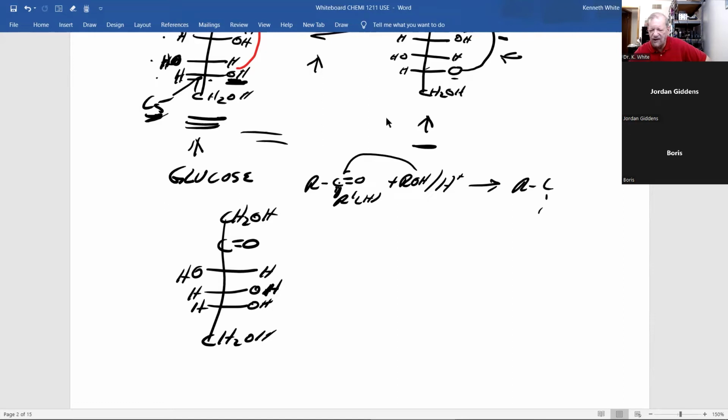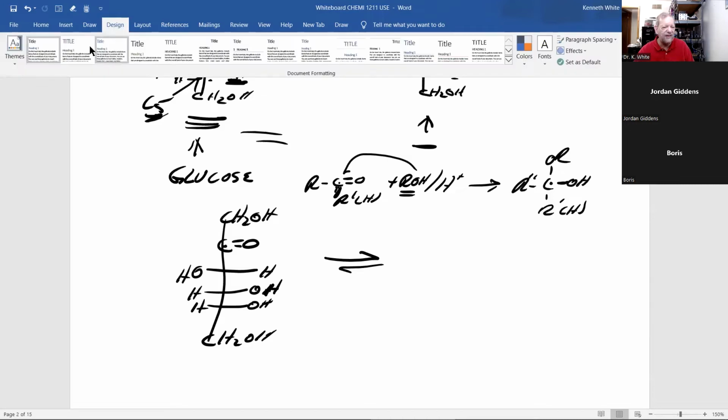What's attached to it is still attached, OH, and then from the alcohol, OR. And here's that carbon. Well, in here, it's this carbon. And because it's intramolecular, you don't need a catalyst. That's why it's in equilibrium. And let's take a look at colored pen.